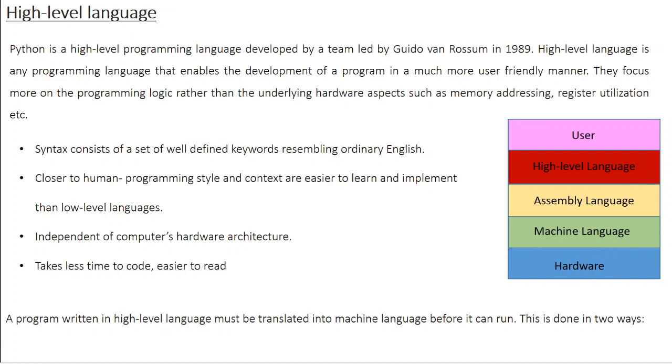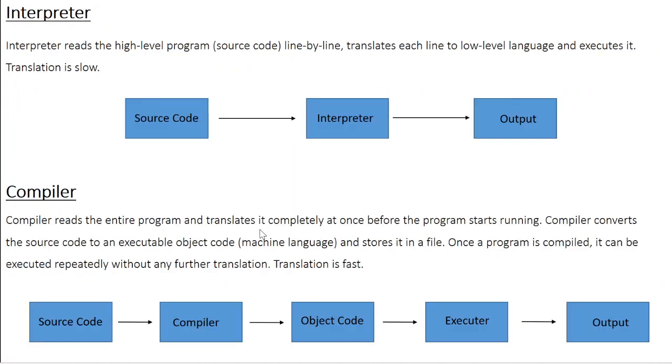This is done in two ways. One is by using what is known as an interpreter. So here the interpreter reads the high-level program. Usually the program we write in a high-level language like C, C++, Java is known as the source code. So the interpreter reads the source code line by line.